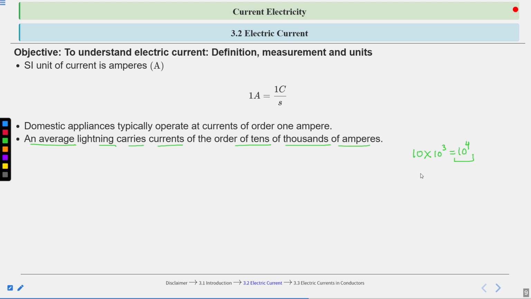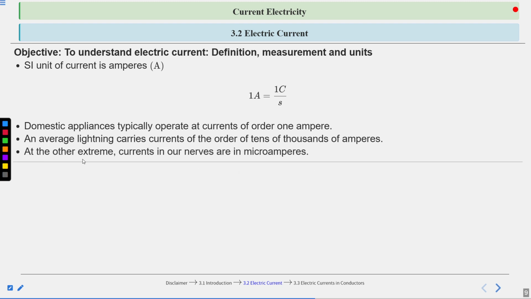It may be 2 into 10 raised to the power 4, or 3 into 10 raised to the power 4. We are not concerned with that, we are concerned with order. So it is of the order of tens of thousands of amperes, a large amount of current.